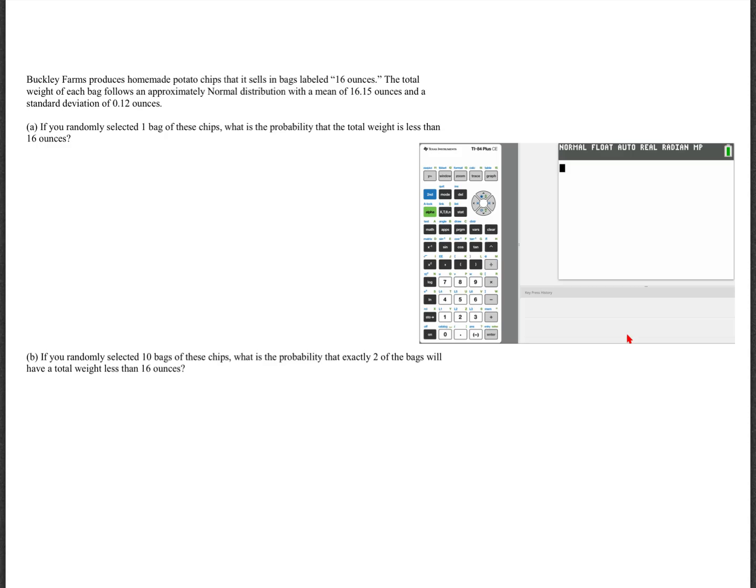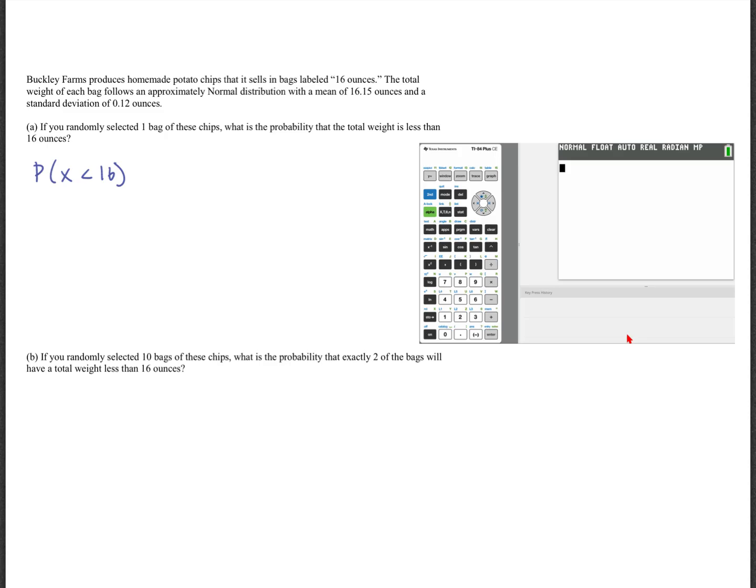Alright, so this is a normal distribution, and they want to know, if just selecting a single bag, what's the probability that it's less than 16 ounces. So we'll do normal CDF, and we'll call this distribution X. The probability X is less than 16 ounces, where X is the weight of a single potato chip bag.